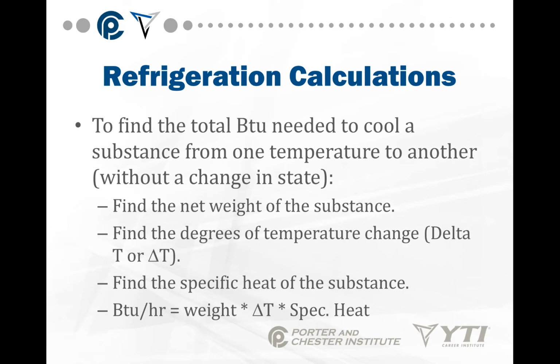In other words, a truckload of lettuce coming in hot that needs to be cooled down to 40 degrees just to make it last. You have to find the net weight of the substance. You have to find the degree of temperature change, which we refer to as the delta T. You have to find the specific heat of the substance from a table. And then you use the formula: BTU per hour is weight times delta T times specific heat.